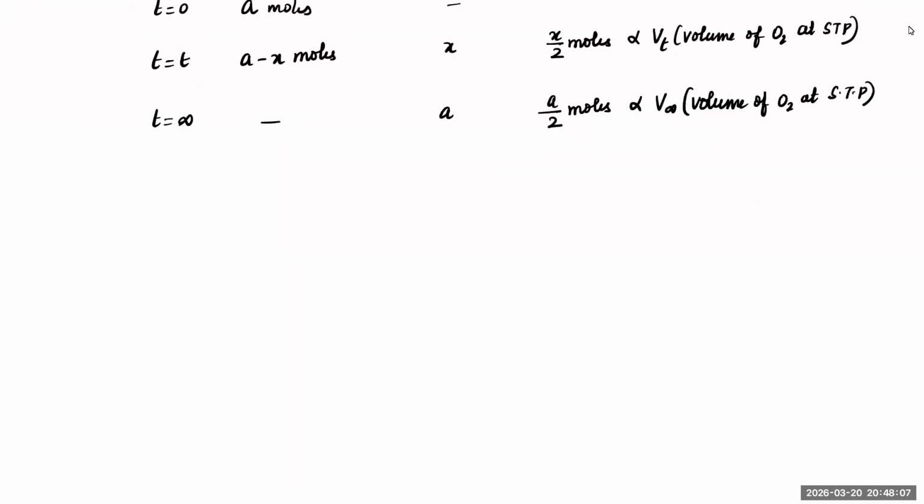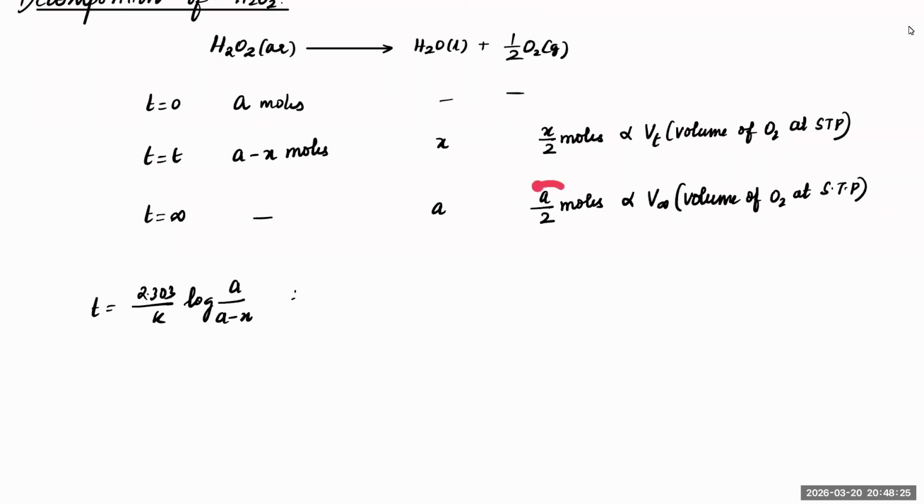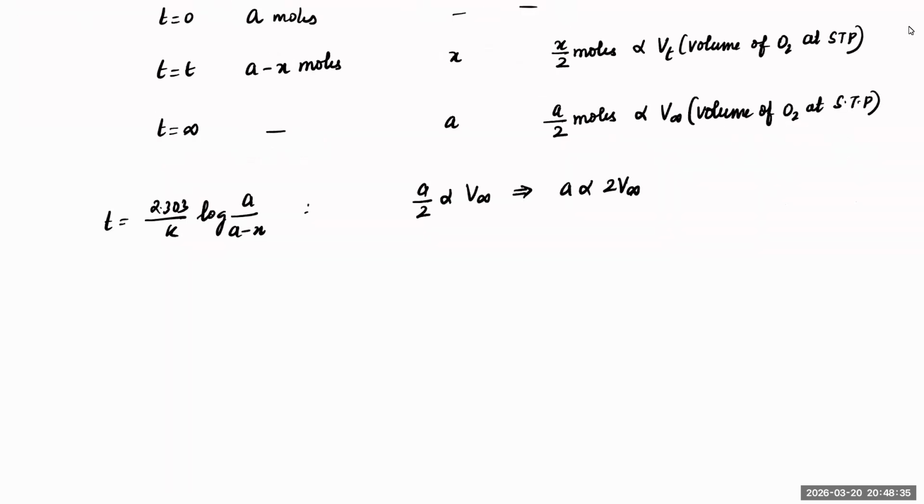Now, if I put this with respect to time, that is t equals 2.303 by K log of A by A minus X. This is the first order kinetics equation. And you know that if A by 2 is proportional to V infinity, which implies A is directly proportional to 2V infinity.